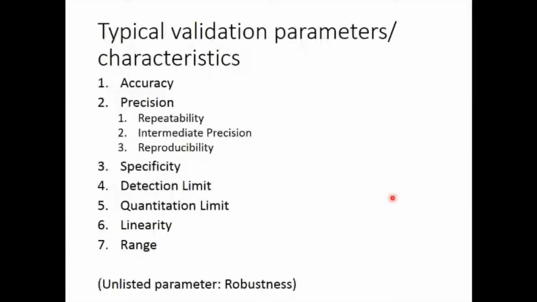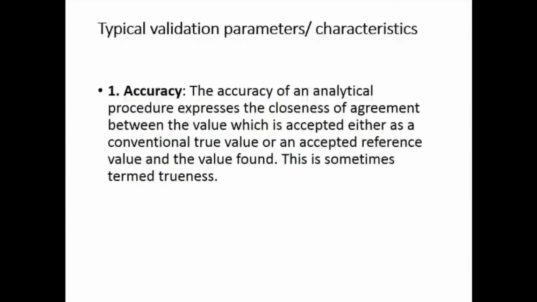Okay, let us see the actual definition given in the ICH guideline. You will simultaneously copy down this definition. Accuracy: the accuracy of an analytical procedure expresses the closeness of agreement between the value which is accepted either as a conventional true value or an accepted reference value and the value found.